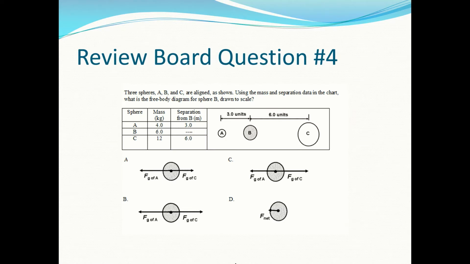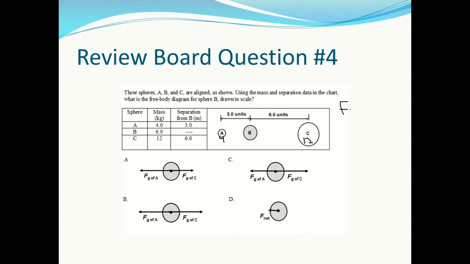And then 4, 3 spheres A, B, and C are aligned as shown using the mass separation data from the chart. What would the free body diagram look like? Okay, so we're looking for force of gravity on B. So C has a mass of 12 and A has a mass of 4.